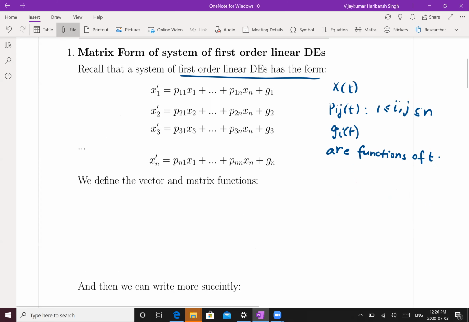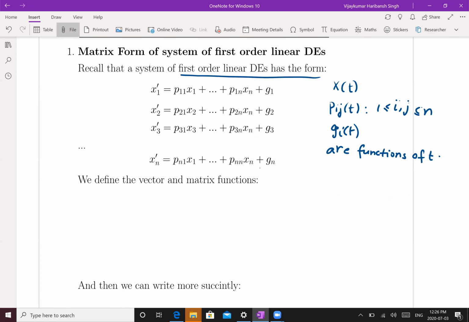So now we will write this system in the matrix form. For that, let's call the vector x of t to be x1, x2, and so on. These are all functions of t, so even if I do not write t, it's clear that they are functions of t.